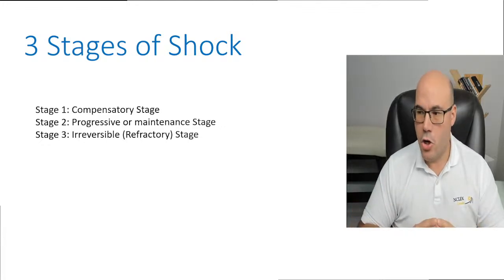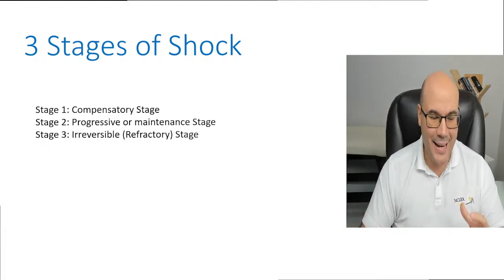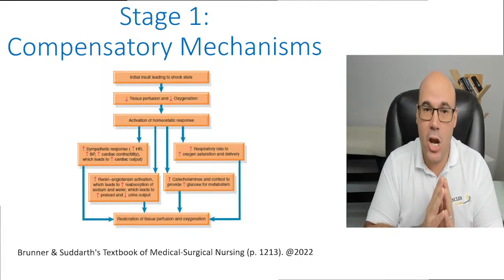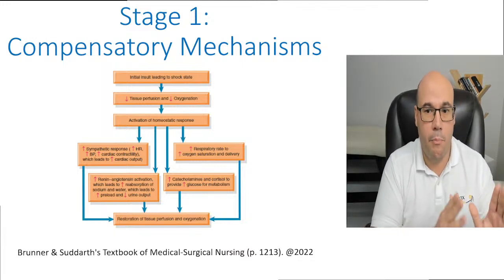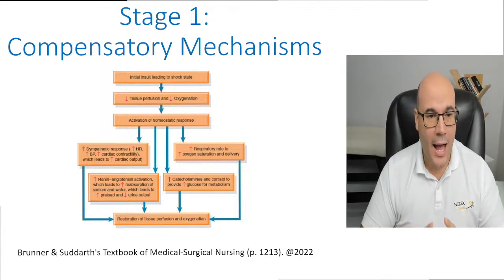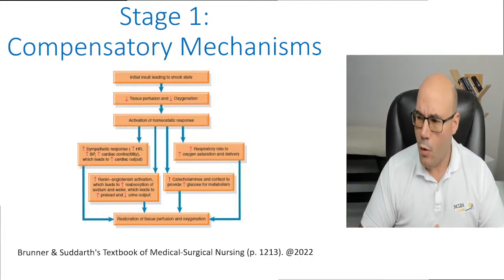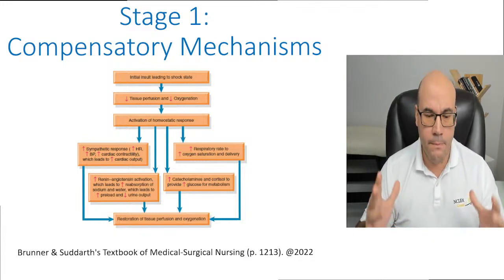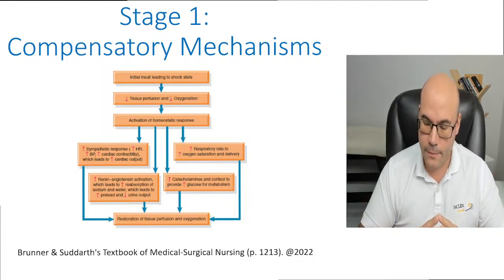So the patient could be in shock, and thanks to the compensatory mechanisms, we can even see a normal blood pressure. So we might not even see severe hypotension at this first stage of shock. Why? Because the compensatory mechanisms are sufficient at first to maintain an adequate blood pressure.